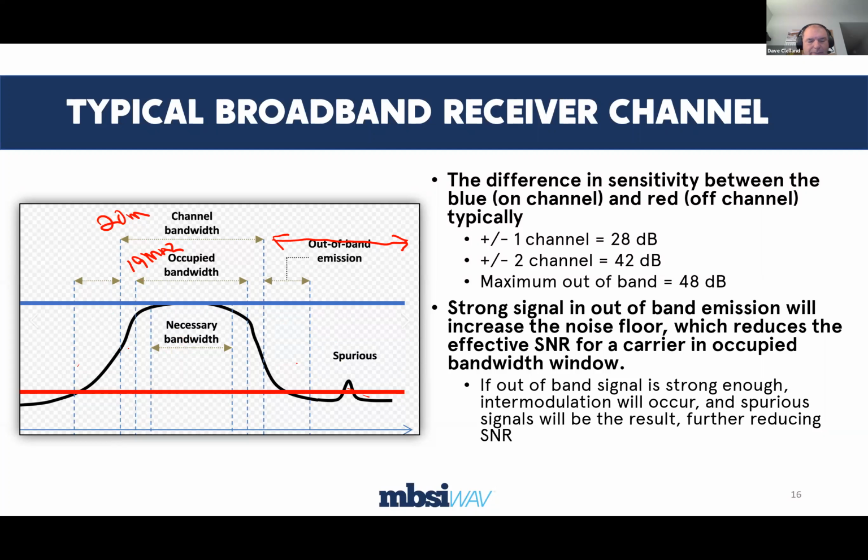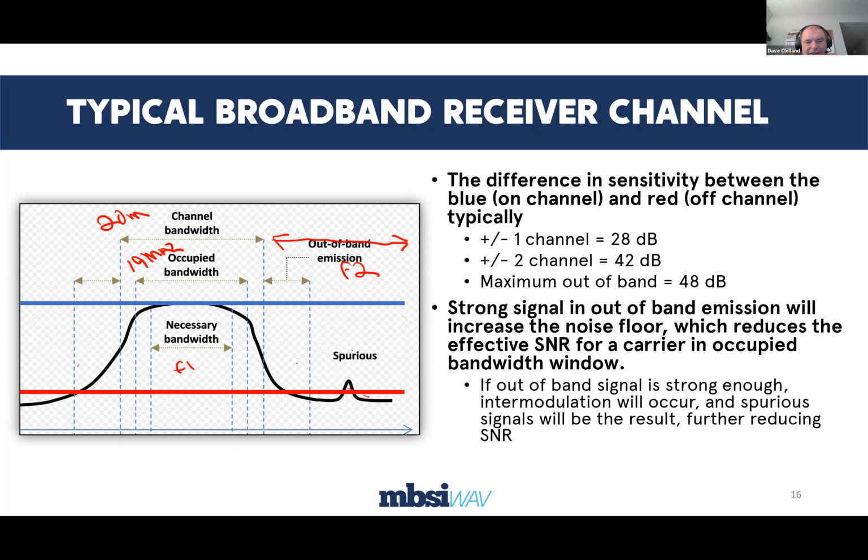Maybe my occupied bandwidth is going to be exactly the same at 19 megahertz, and then my channel at 20. So, interesting thing here. Look at if I am generating spurious inside of F1, if this is F1 and this is F2, if I'm generating spurious in F1, look where it shows up. It shows up in the middle of F2.